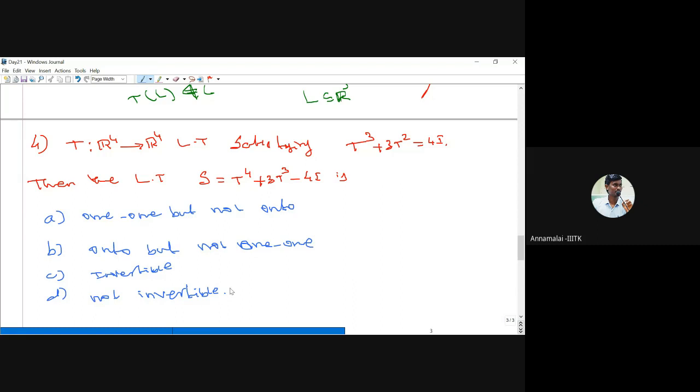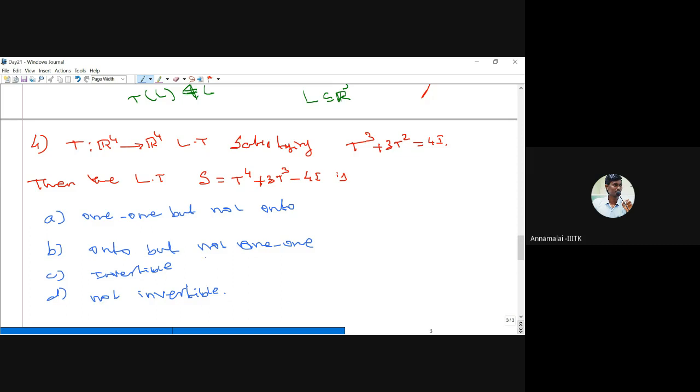Now, not invertible means what? The inverse does not exist, that is, the determinant of the matrix is 0. Because a linear transformation from a finite dimensional vector space to a finite dimensional vector space can be viewed as a matrix, T can be viewed as a matrix.